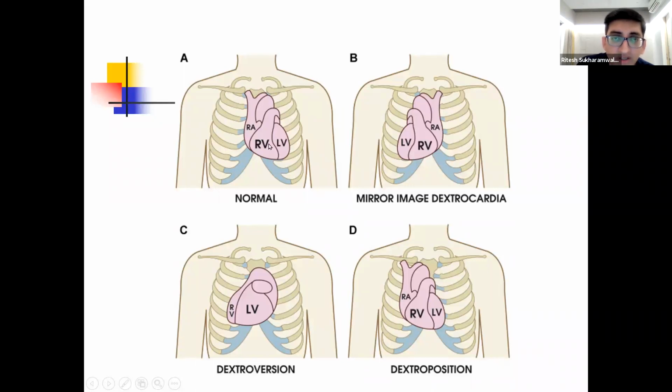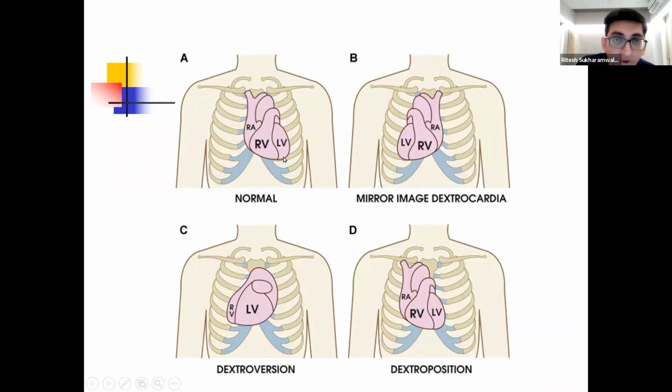When this whole structure just slides into the right hemithorax with the apex still facing towards the left, you will see a dextrocardia with apex facing towards the left, and this is known as dextroposition. It is not dextrocardia, it is called dextroposition. But if you see the whole mirror image of this, that is called a true dextrocardia, which is associated with situs inversus totalis.